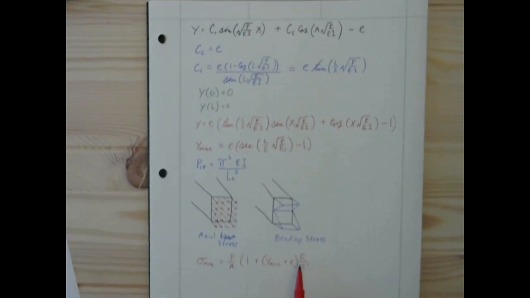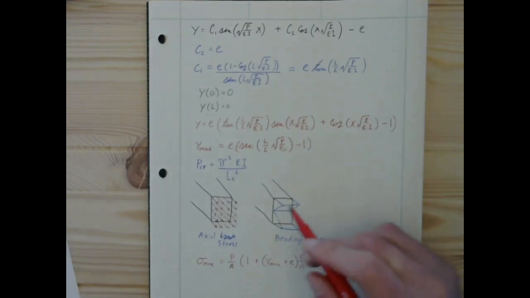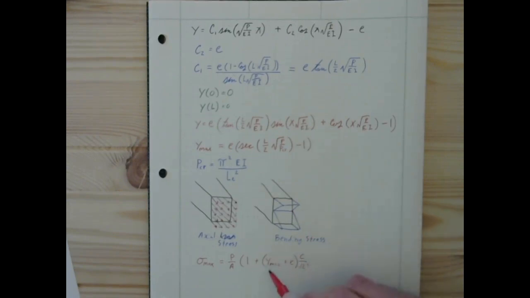Now, C is the distance from the neutral axis to the furthest fiber that's experiencing it. We usually call it Y in our moment stress equation, but we can't, because Y is already deflection.